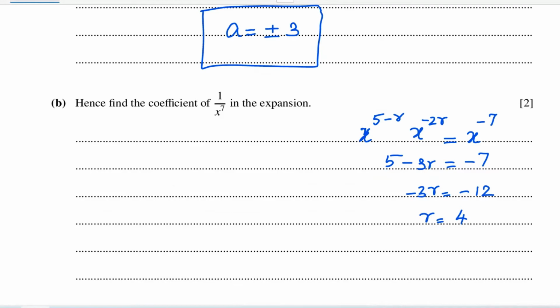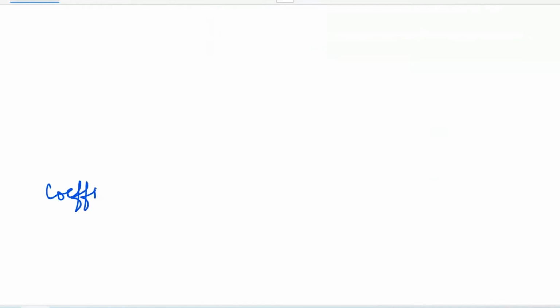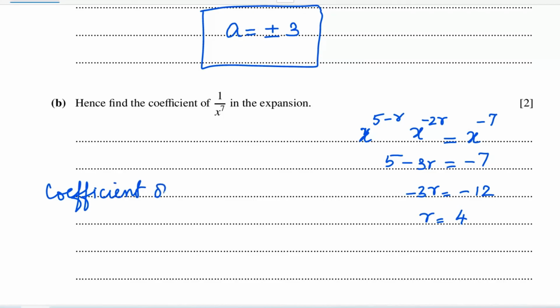So the coefficient of 1 over x power 7 is 5C4, 2 power 5 minus 4, which is 1, and a power 4. 5C4 is 5, multiplied by 2 is 10, multiplied by the value of a, plus or minus 3, the whole power 4.